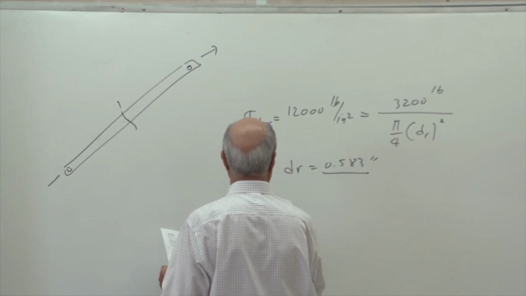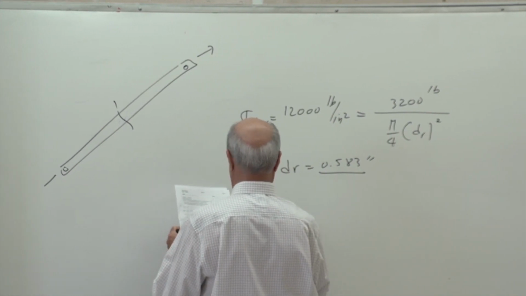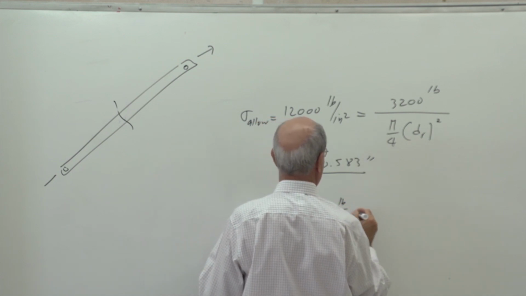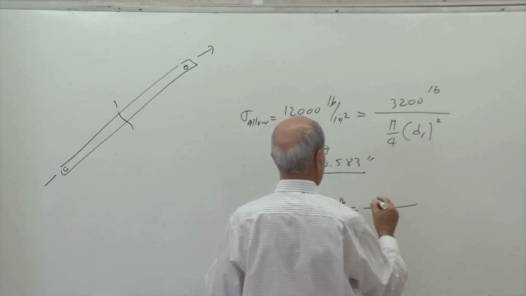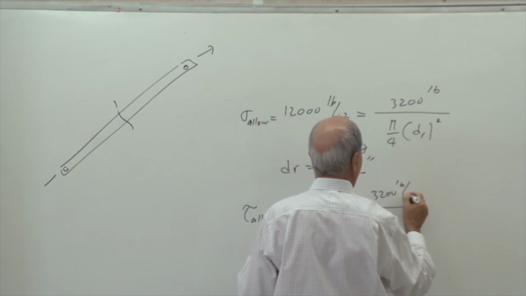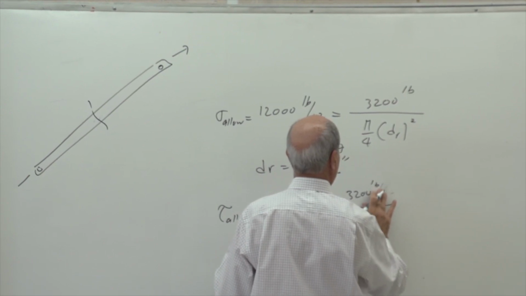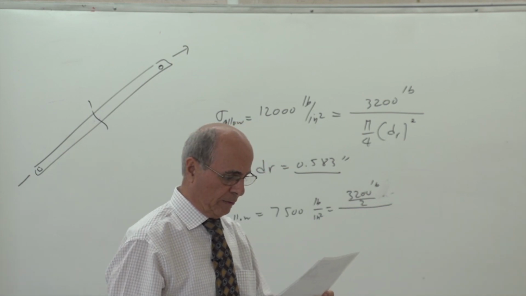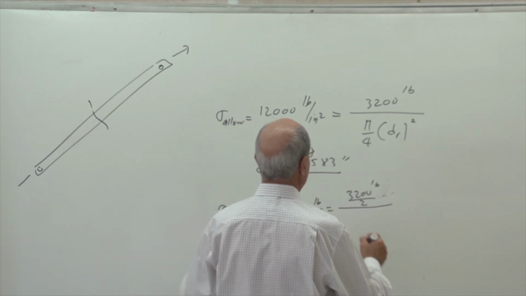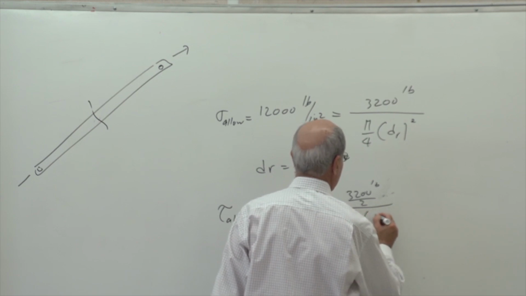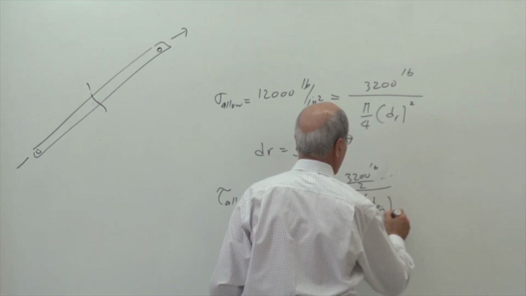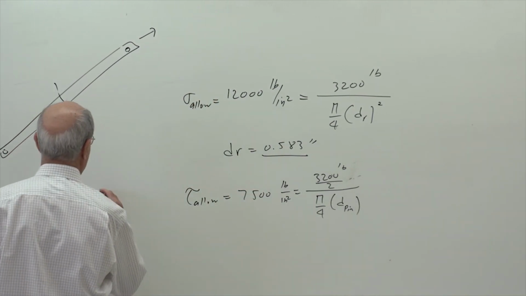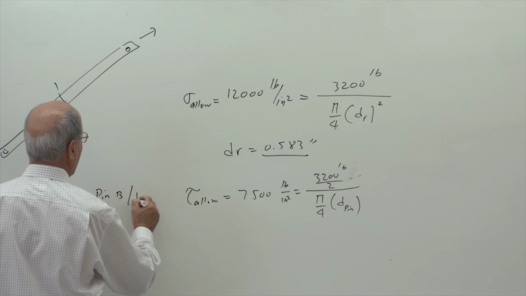So therefore, tau, this time tau allowable was given equal to 7,500, again the same unit, pound per inch square, equal to force, which is 3,200 pound, divided by 2, because it is in double shear format, pi over 4, diameter of the pin, it's B or D. This analysis is for pin, you can write it like that, B/D.